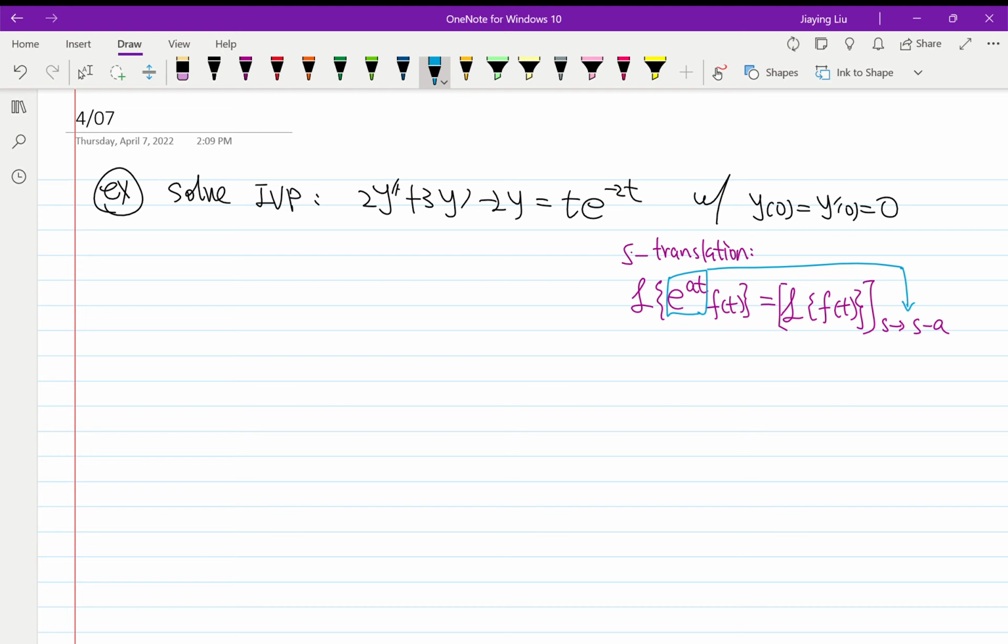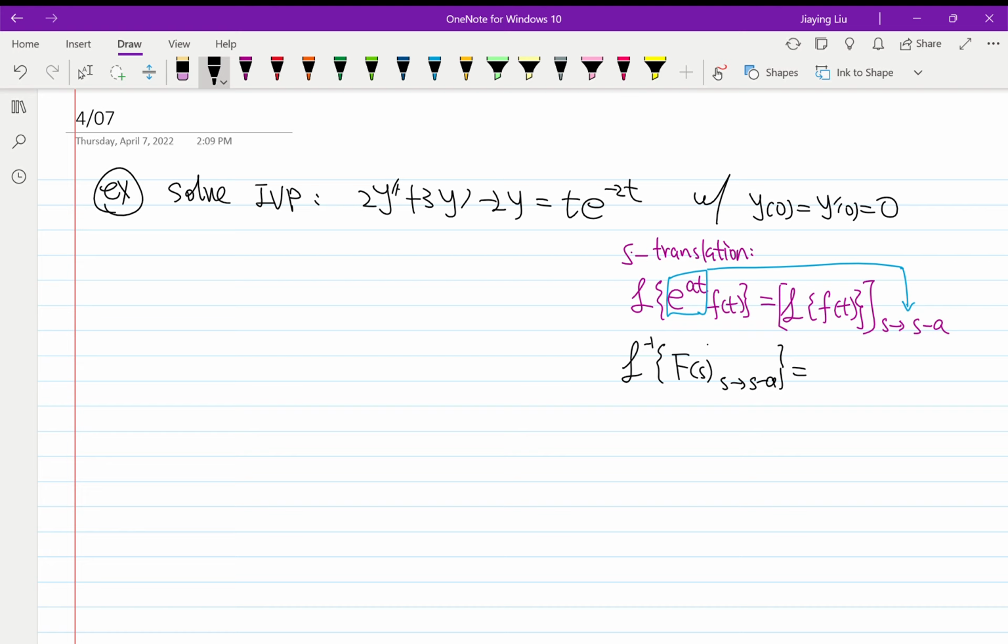And this technique works well when we use the inverse Laplace transform. So if we have the inverse Laplace of some function F of s with s going to s minus a, for example, what we could do is that when we find the inverse, we could just take this notation and put it aside, not worry about it.